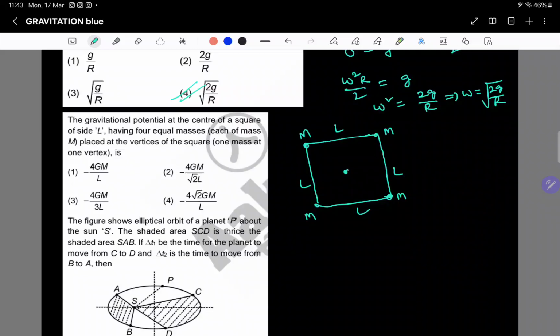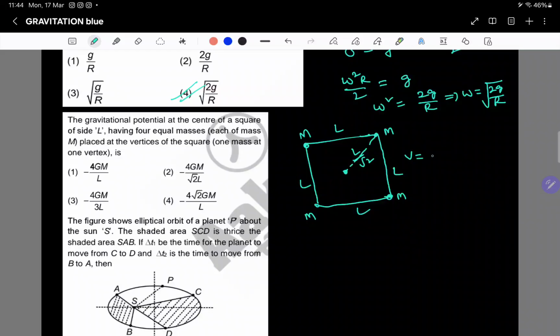The distance from one particle to the center, according to Pythagoras, is L by root 2. I think you know very well. Potential is a scalar quantity, students. The gravitational potential at the center is the sum of all identical particles, so 4 times the potential due to one particle.